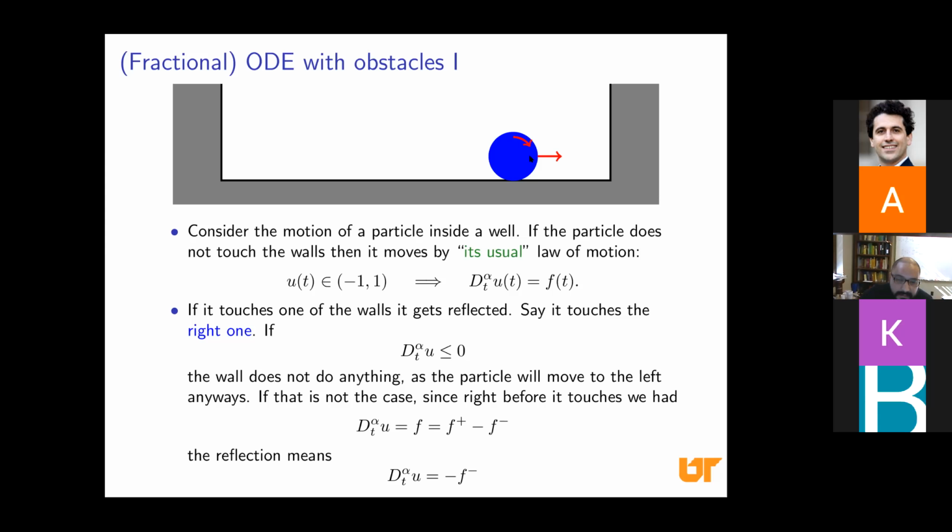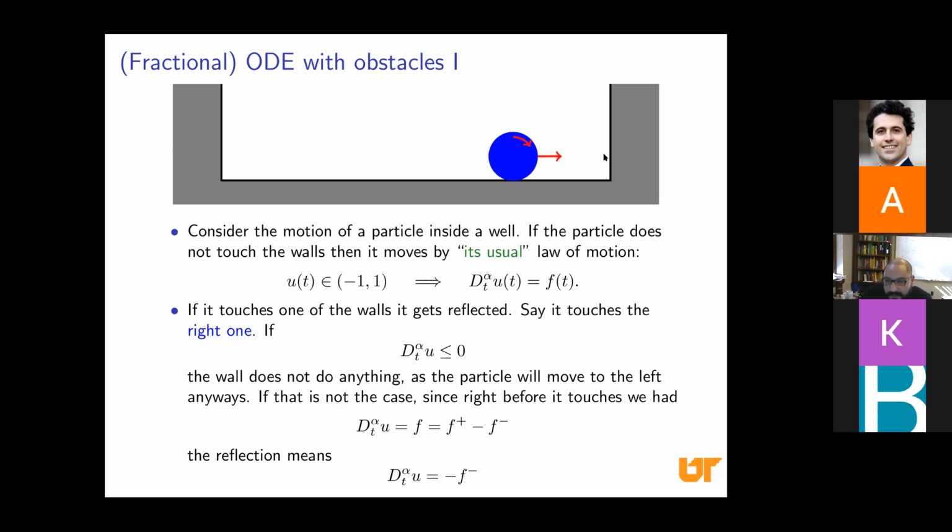Here I have a ball that I hit, and my pool table is the interval -1, 1, say. If it doesn't hit the walls, the ball is going to move according to its usual law of motion. So it's going to be an equation like this one, right? Think of this as something like mass times acceleration equal to the applied forces.